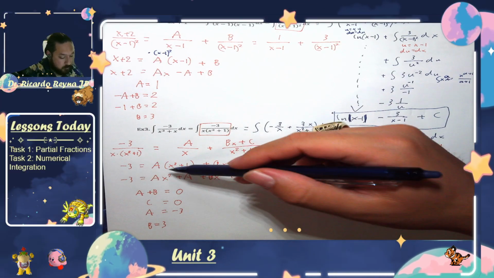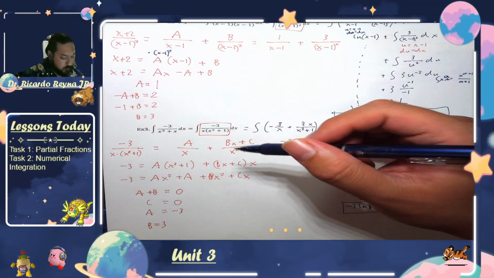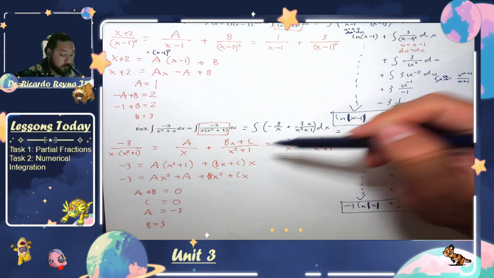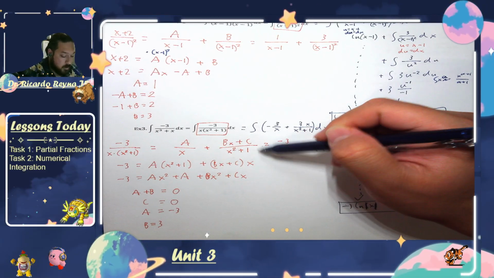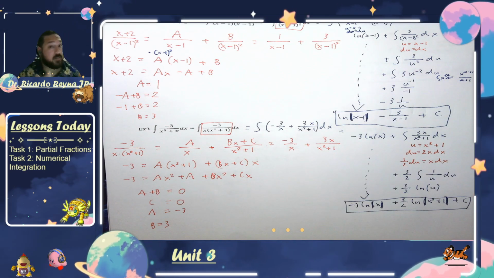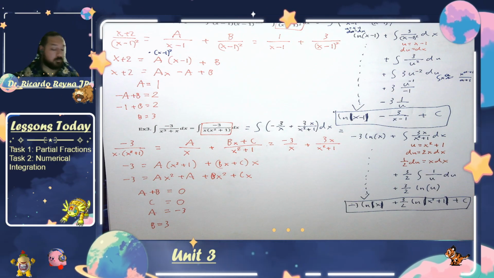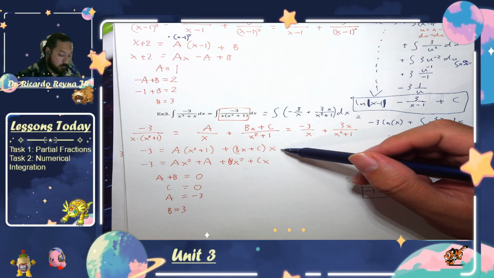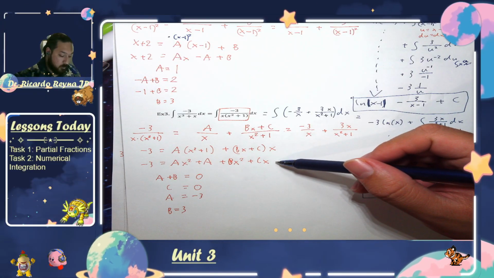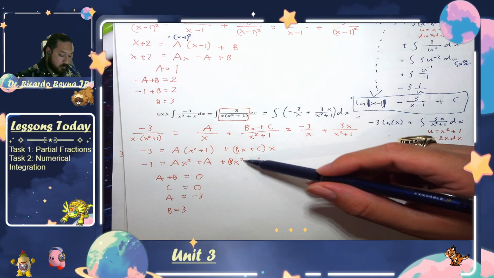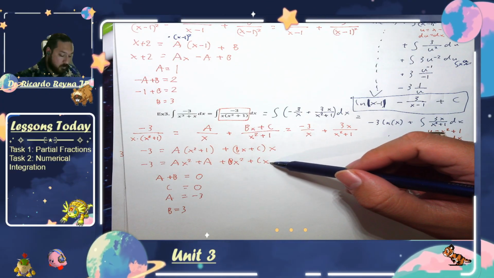We get negative 3 is equal to a times x squared plus 1, because the x's cancel out, plus bx plus c. I'm going to put this all in parentheses, multiplied by x, just to make sure that I'm properly noting that the whole thing is being multiplied by x. This needs some distribution, so we have ax squared plus a plus bx squared plus cx.